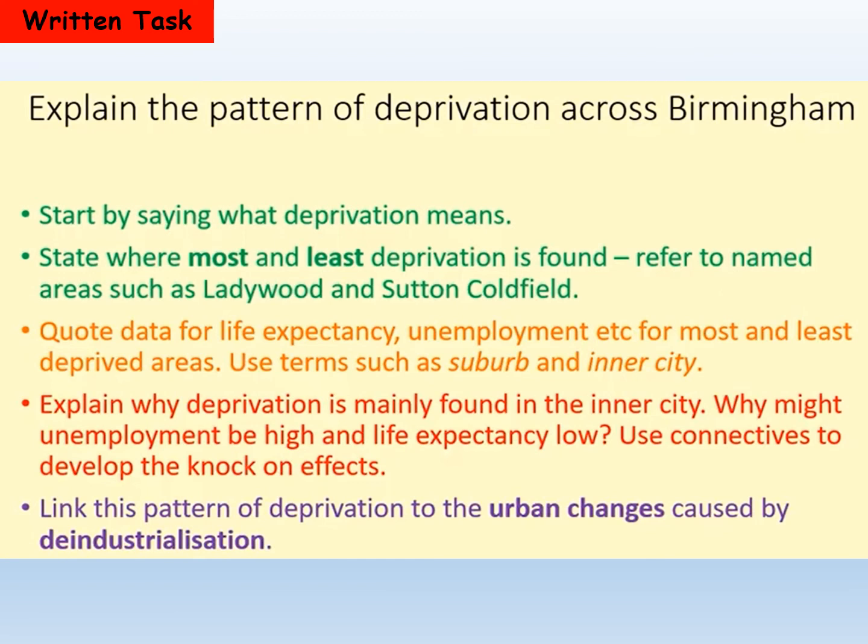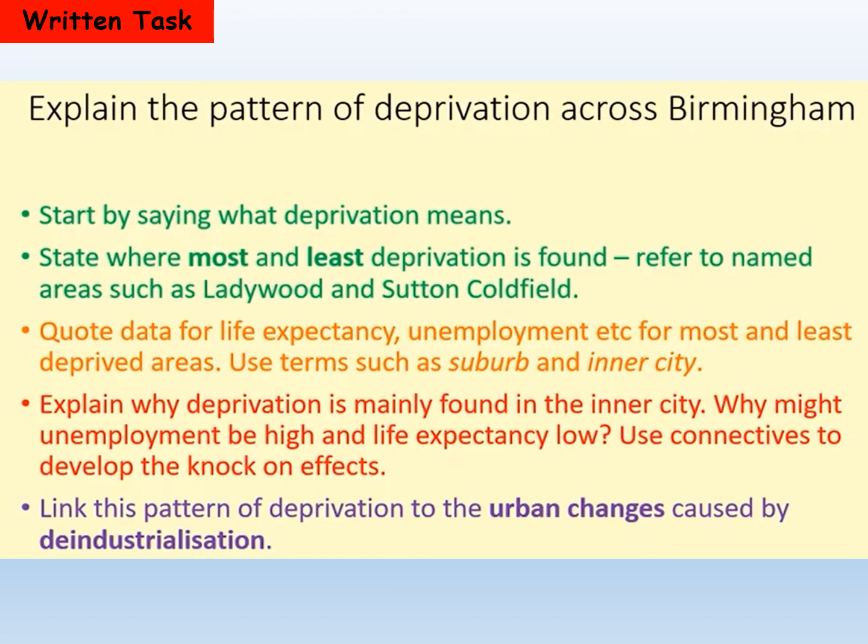The final challenge is to then link that pattern of deprivation to the urban changes caused by deindustrialization. So you could finish off by saying the reason why deprivation is so high in the inner city is mainly due to deindustrialization.